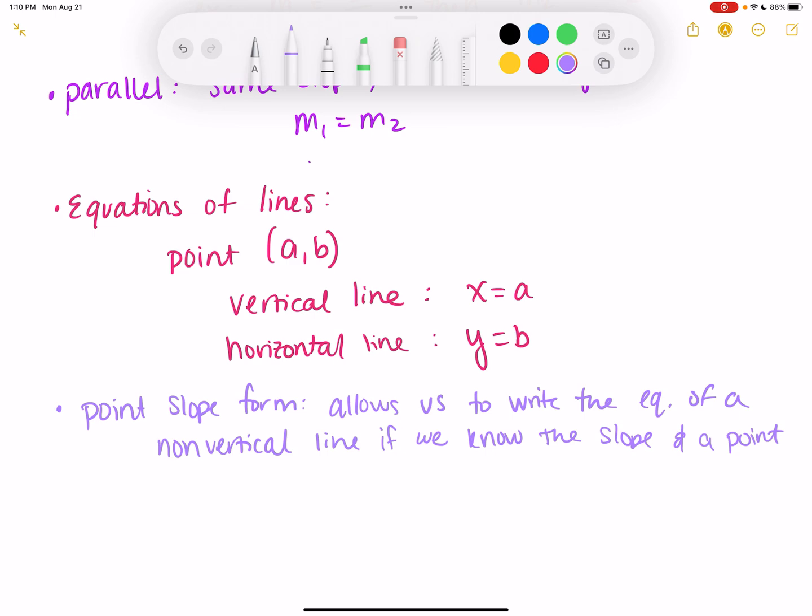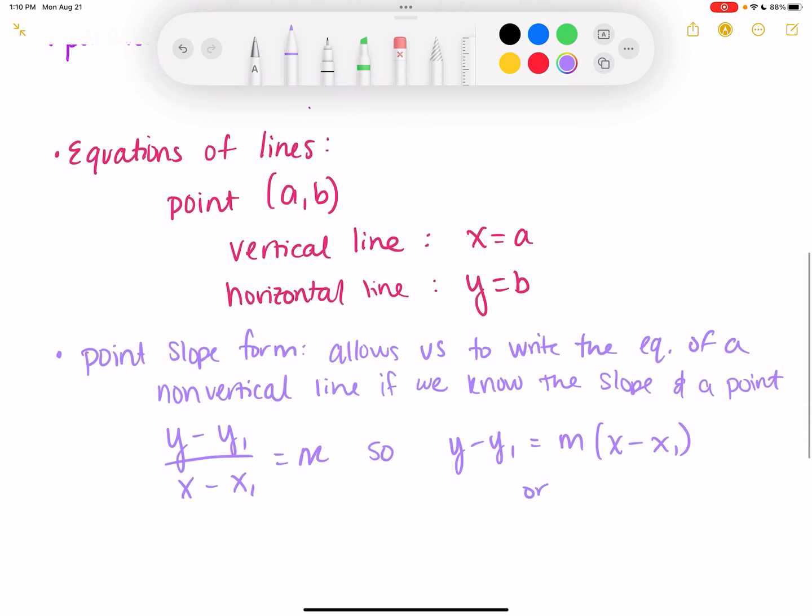So there's a few different ways that you're going to see this book write it comparatively to what you're used to. They get it because y minus y1 over x minus x1 is equal to m, with that being that you know a point. So y minus y1 is equal to m times x minus x1, which is the way you've traditionally seen this written.